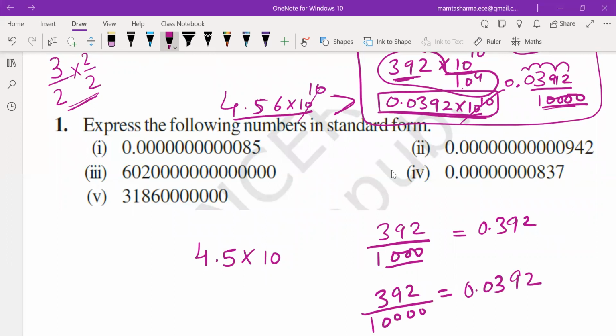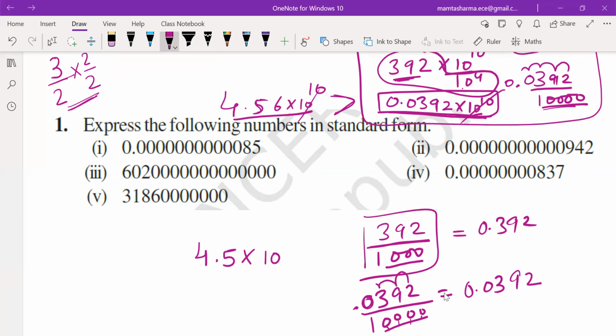Count the number of zeros, and place the decimal point after the number of digits equal to the number of zeros. 4 zeros are there, so count the digits 1, 2, 3, 4. 4 is not there, so add 0. So place the decimal after 4 digits. This would be the direct result when we divide any number by a multiple of 10. This is the division.